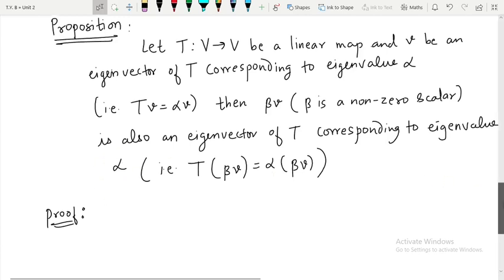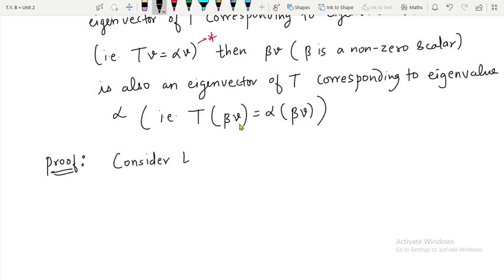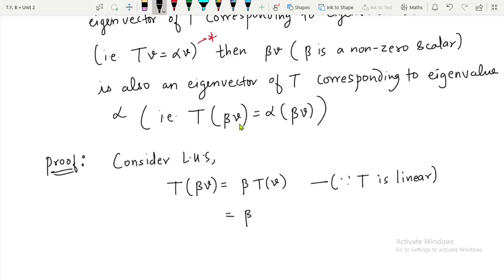So the proof is simple. We have to prove this, right? I will start with the LHS, and I can easily show that this is equal to the RHS. I will call it star. Consider the LHS, that is nothing but T of beta V. Since T is a linear transformation, it will be beta times T of V, since T is linear, which is equal to beta, but T of V is nothing but alpha V. That is from star.